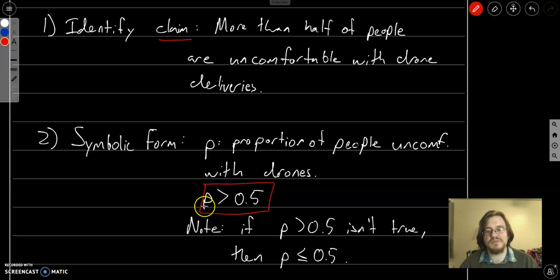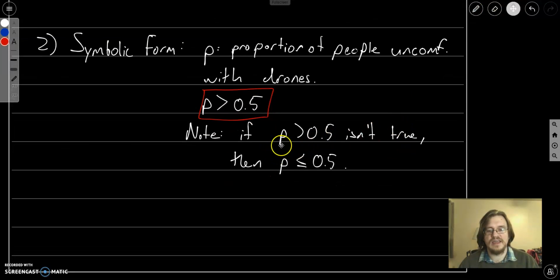So we're saying that P is greater than 0.5, as in the proportion of people that are uncomfortable with drones is greater than 50%. And one nice thing to notice here is that if P is not greater than 0.5, the opposite of this is going to be that P is less than or equal to 0.5. So if the proportion of people is not bigger than 50, it's either going to be 50 or smaller. It's either going to be less than or equal to 50%.